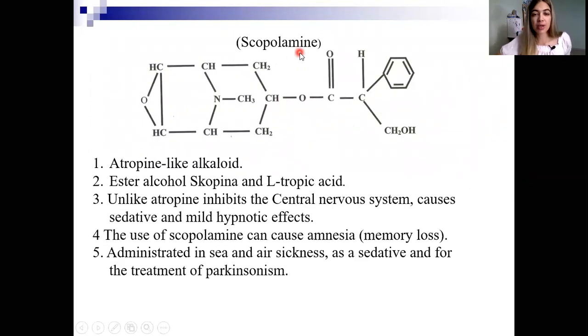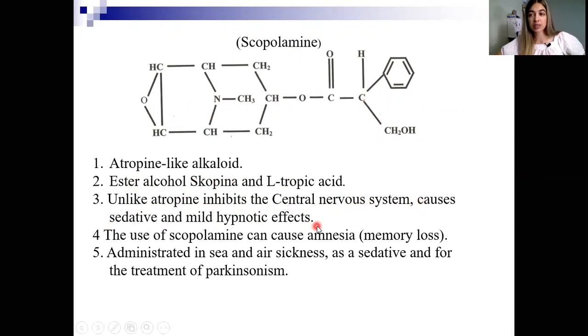Scopolamine. Scopolamine is an atropine-like alkaloid. This is also an ester, but the alcohol is scopine and again tropic acid, and it inhibits the central nervous system, unlike atropine. You see, unlike atropine, it inhibits the central nervous system, causes sedative and mild hypnotic effects.